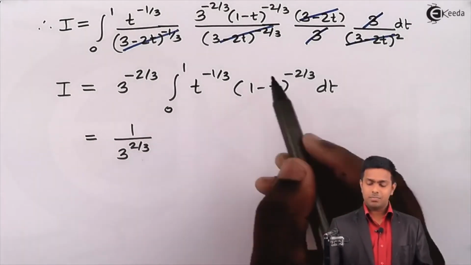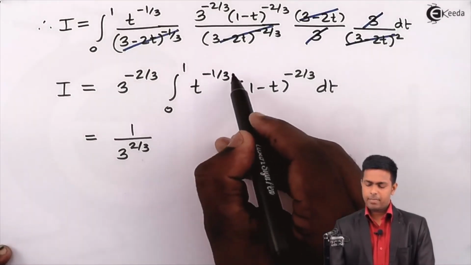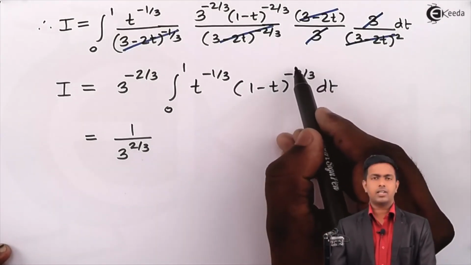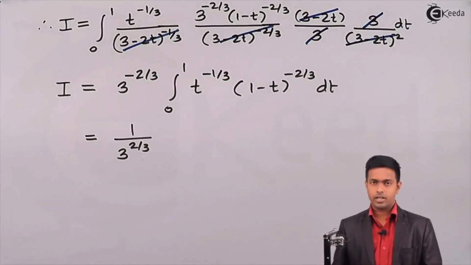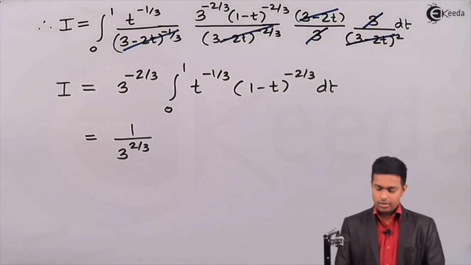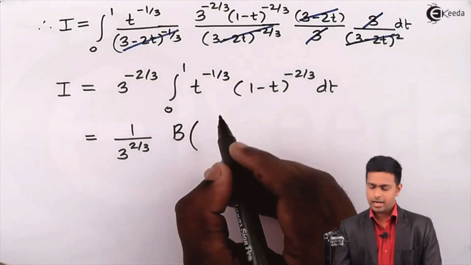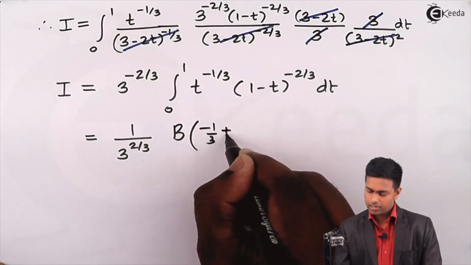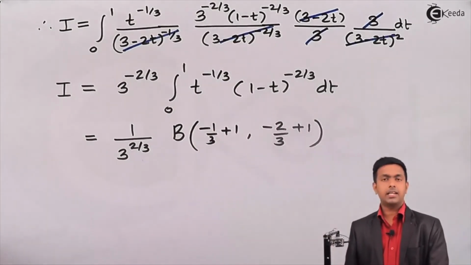And now guys, this is matching with the definition of beta function. So this term is m minus 1 and this term is n minus 1. So if value of m minus 1 is minus 1 upon 3, then inside the beta we always take 1 plus that, so minus 1 by 3 plus 1 and minus 2 by 3 plus 1 will come inside the beta.